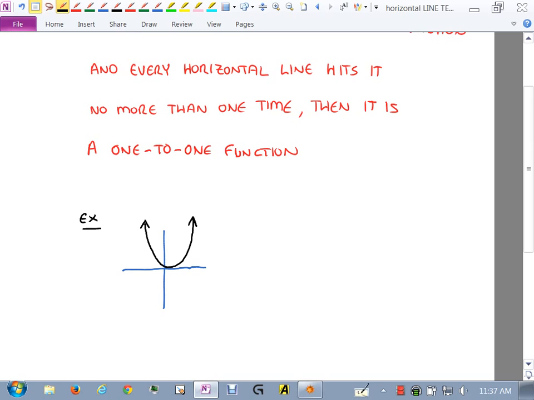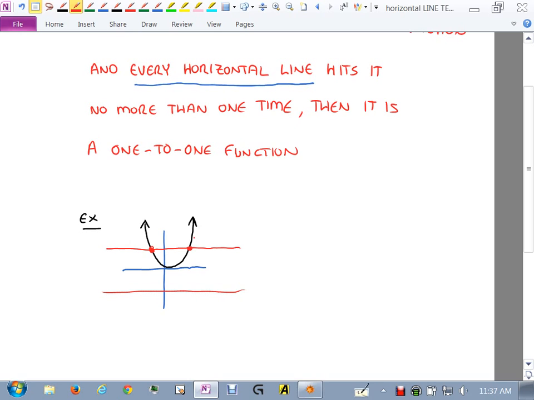To be one-to-one means every horizontal line that I draw, every one that I could possibly draw, hits it no more than one time. So here, I'm going to draw a horizontal line right here. Does that hit it more than one time? No. How about this one? Does that hit it more than one time? Yes, it hits it twice. As soon as that happens, it is not one-to-one.